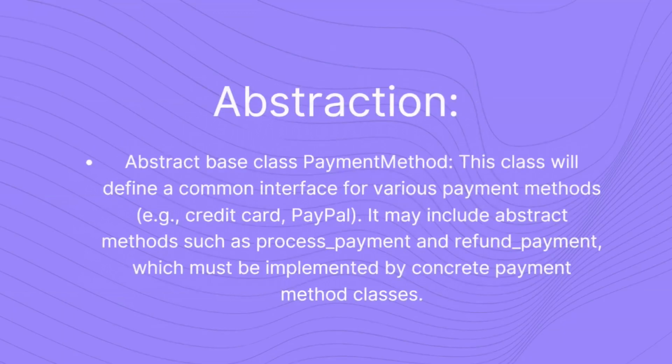Lastly, abstraction. Abstract base class PaymentMethod. This class will define a common interface for various payment methods, such as credit card, PayPal, GCash, or PayMaya. It may include abstract methods such as process payment and refund payment, which must be implemented by concrete payment method classes.